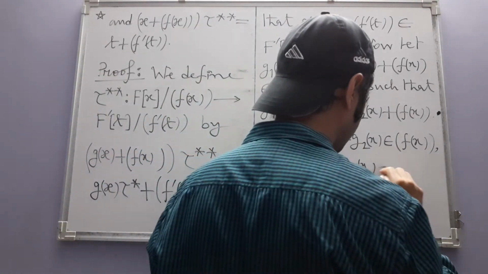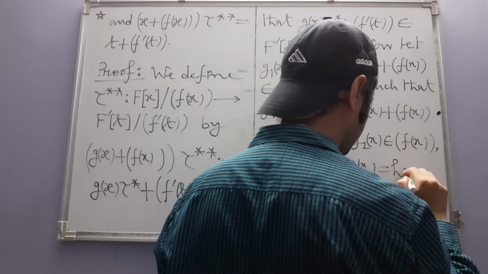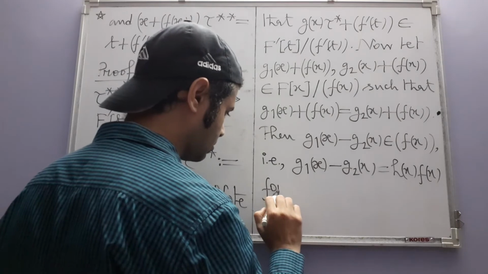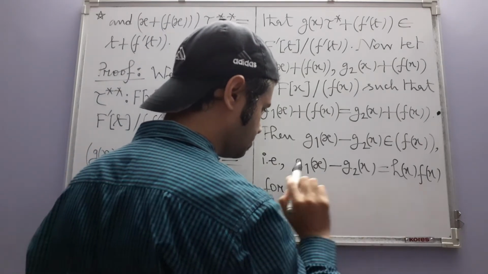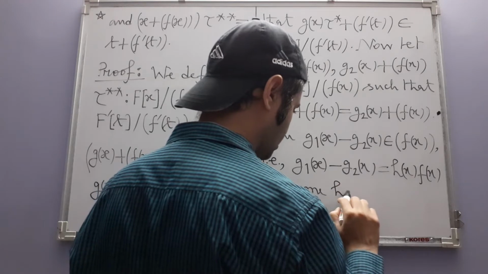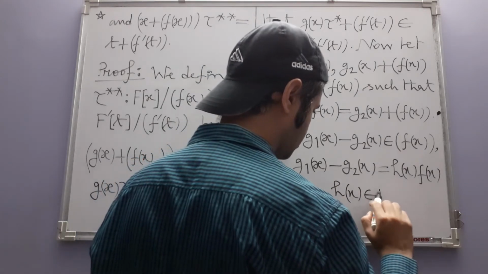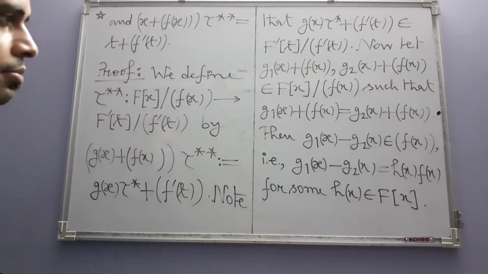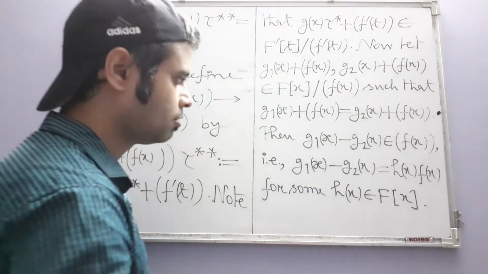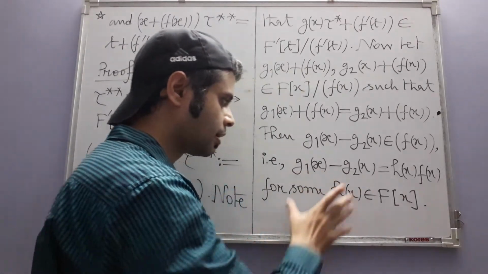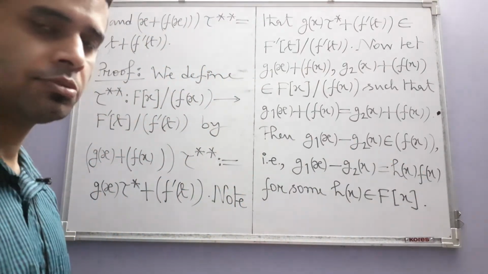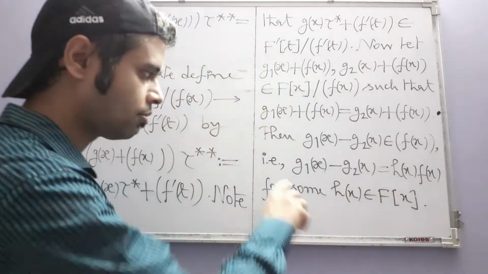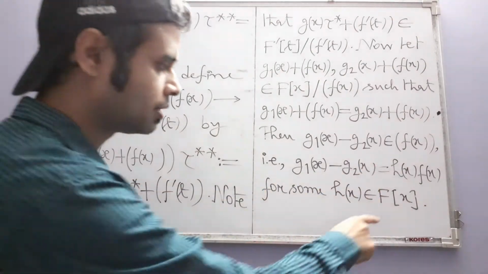That is, this is equal to h(x) times f(x) for some h(x) belonging to F[x]. Now we are going to apply the function tau star on both sides of this equation, which we can do because tau star has this as its domain, and all the polynomials we see here are coming from here.